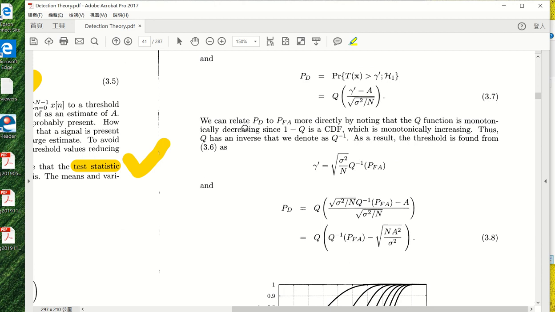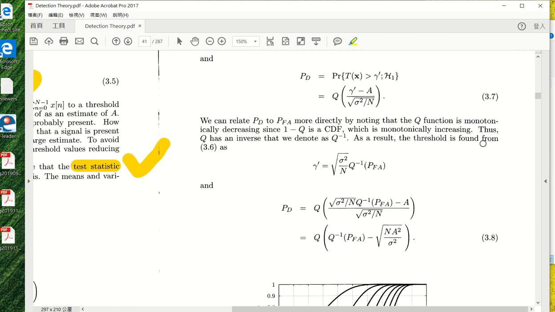We relate this more directly by noting that the Q function is monotonically decreasing since 1 minus Q is a CDF, which is monotonically increasing. That means Q has an inverse that we denote as Q inverse.